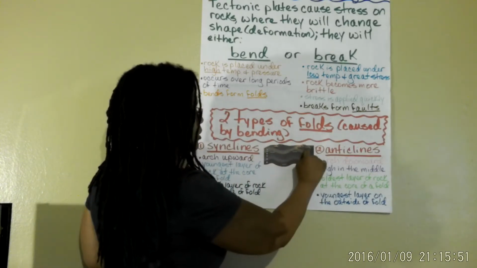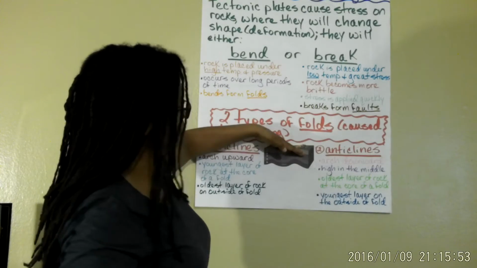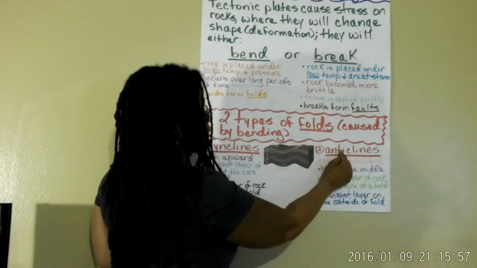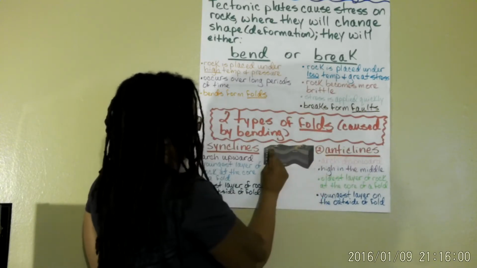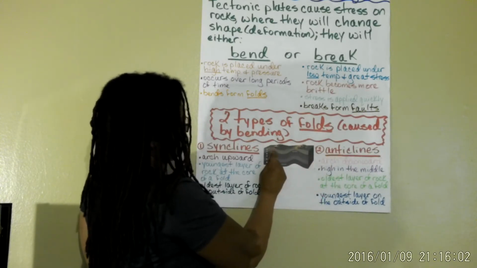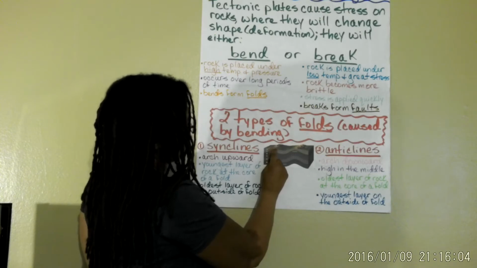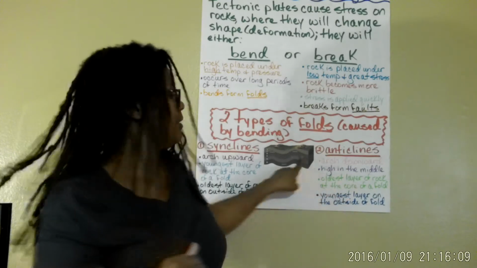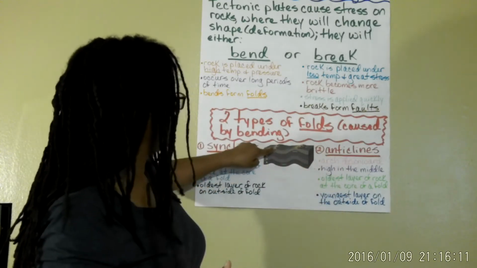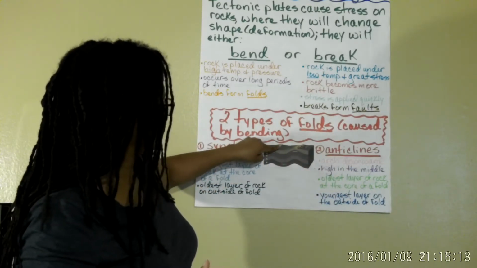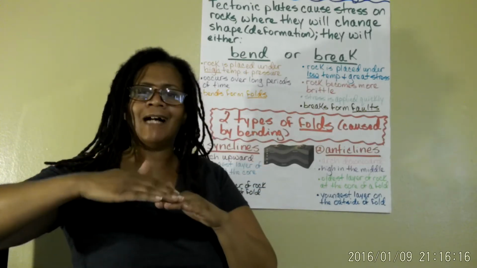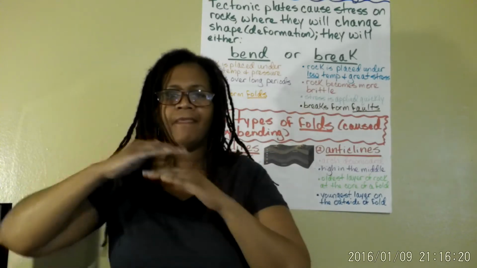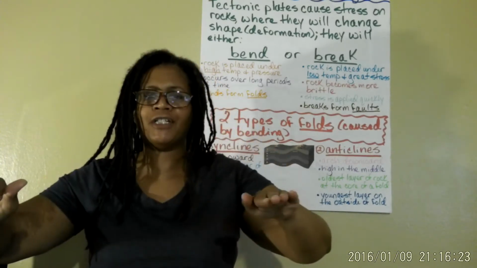Remember, we're on the surface. Everything else is on the inside, okay? So on the surface of the earth, if you look at an anticline, that's what we would actually see up here. But remember, the anticline arches downward. So although we see a higher elevation of rock, it starts high, but it arches downward.